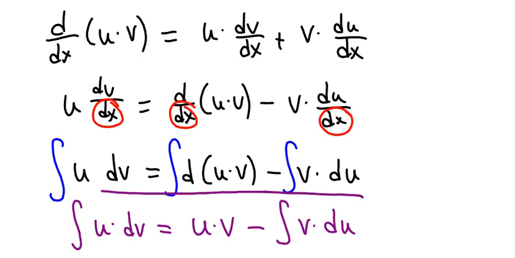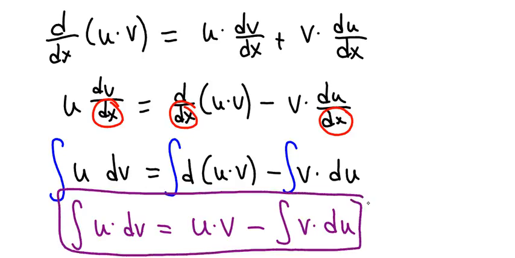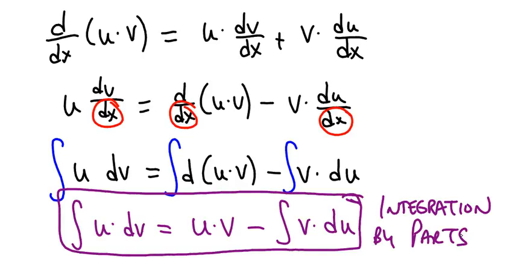It is this equation here that we refer to when we talk about integration by parts. On this side of the equation, the u and the dv are your original integral.